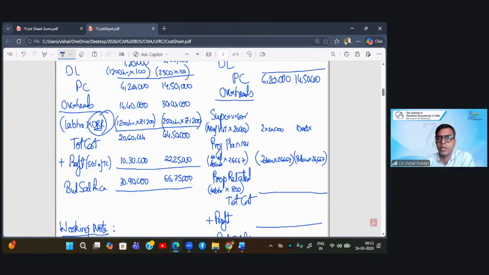This is 20,000. This is 20,000. So this becomes 40,000. This becomes 2 lakh. This becomes 53,334 something. Correct? How much? 2,12,000. 223. Correct?